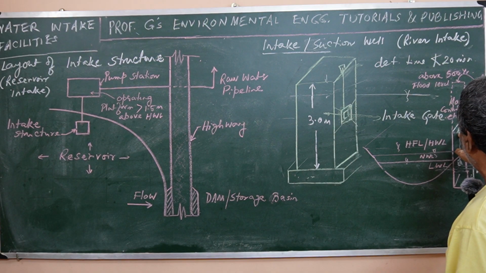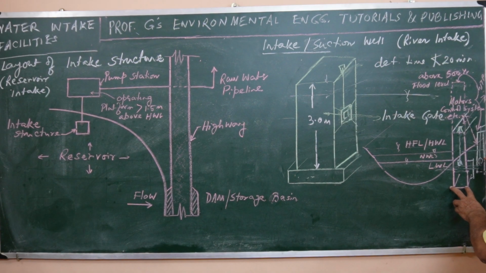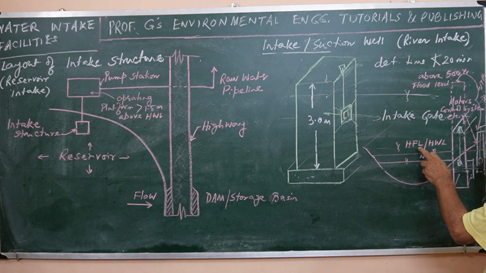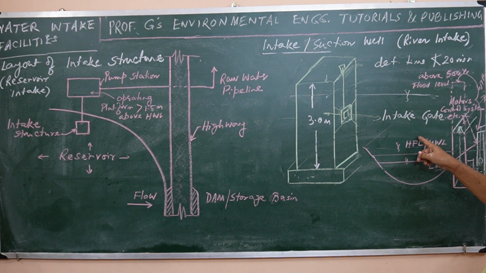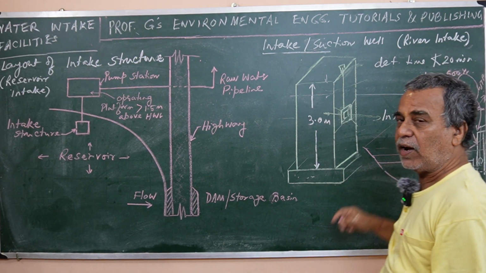The platform, you understand, when it is right over the bank, must be above the HFL, the highest flood level. When it is a question of a river, it is the highest flood level.